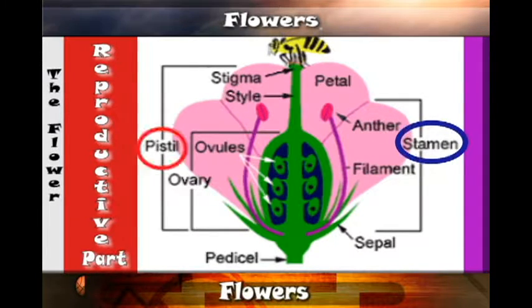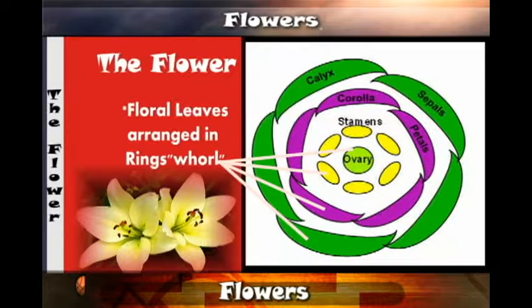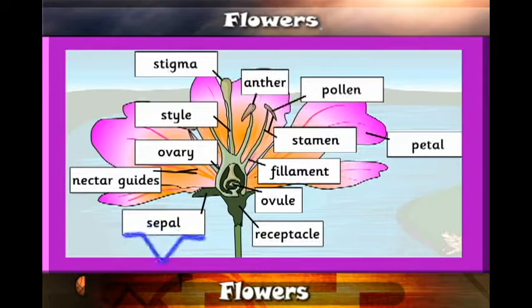But what we know first of all about the flower is that the floral leaves are arranged in rings, or what we call a whorl, and a flower is made up of sepals. Sepals form what we call the calyx. It's made up of petals.